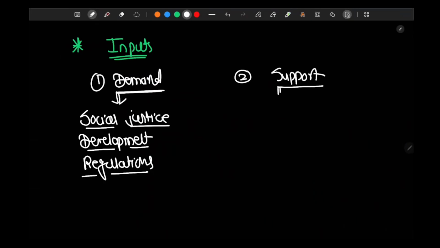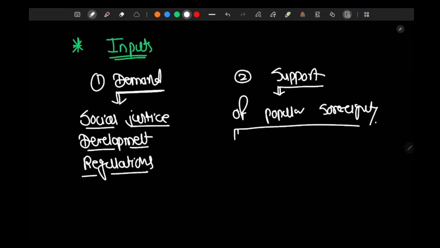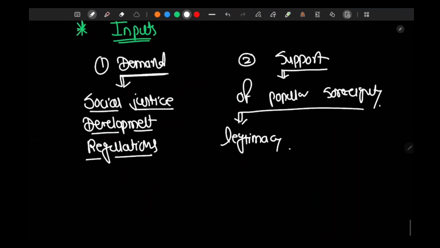Then there is support. Support is support of popular sovereignty. You win an election, that is an indicator of support. Legitimacy is an indicator of support. How do you see popular sovereignty or legitimacy?